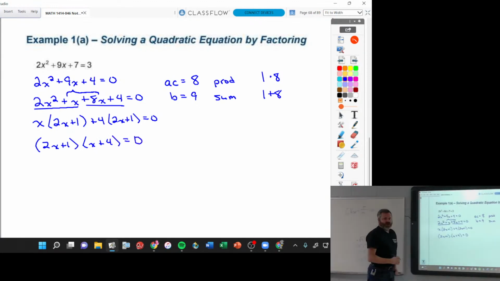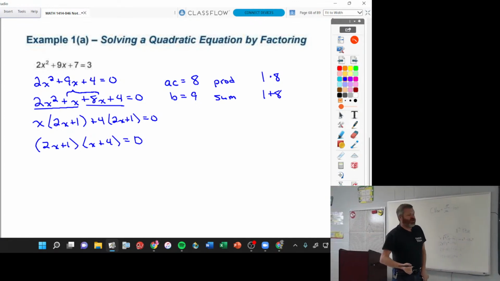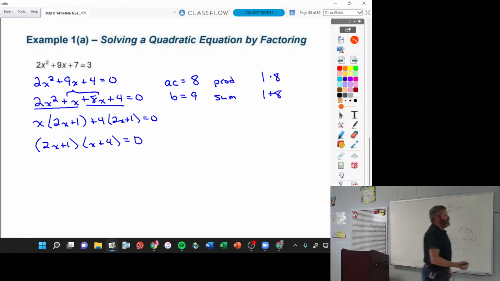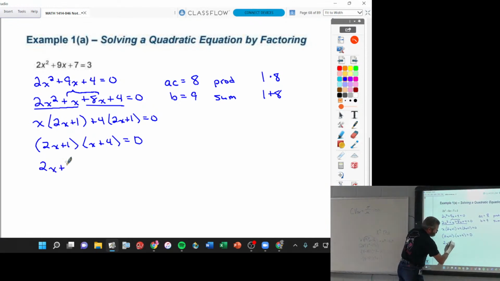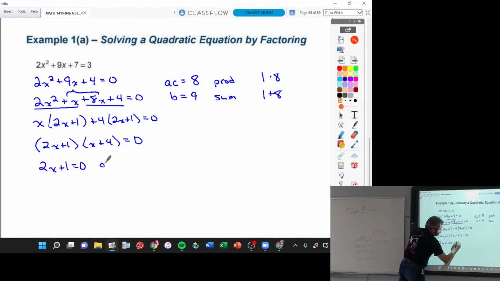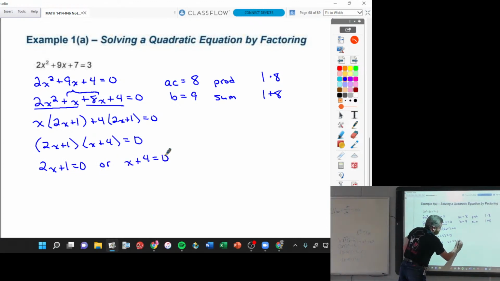So now I can use my zero product property. I have two things being multiplied together to get 0. And the only way this can be true is if 2x plus 1 equals 0 or x plus 4 equals 0.